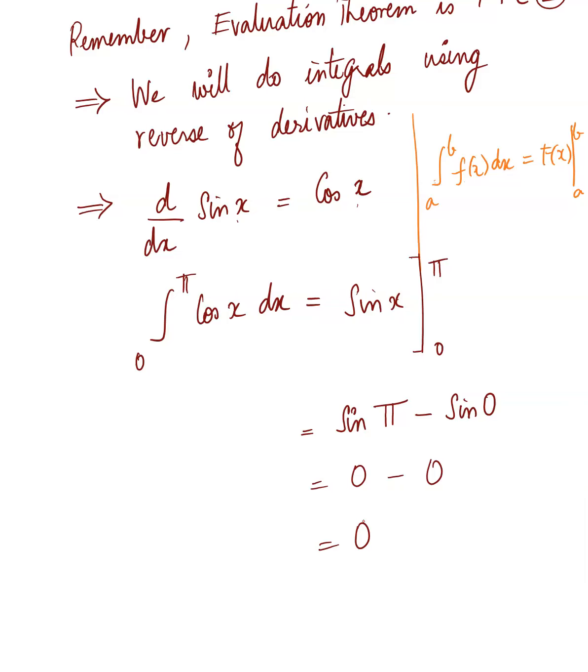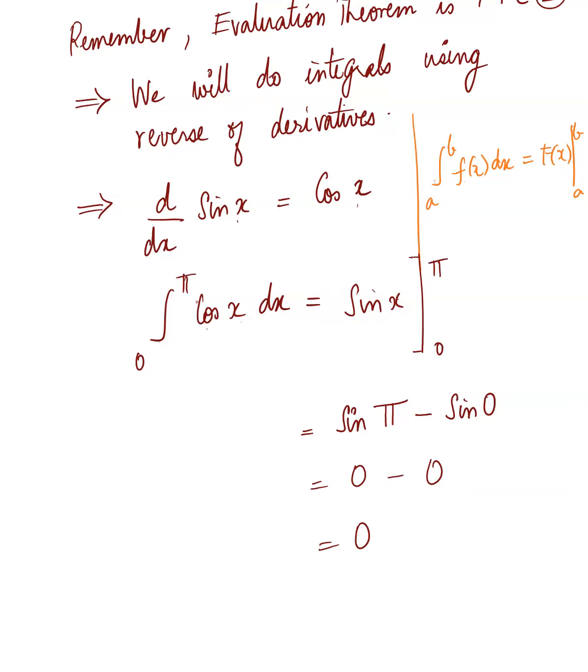Okay. And I'm going to shortly explain to you why that is the case. I mean, what does this mean? This means that the area is 0, isn't it? Because this is nothing but area under the curve of cosine x from 0 to pi comes out as 0. But we know that cosine function is a wave graph, which means from 0 to pi you do have some movement of the graph, so there should be some area.